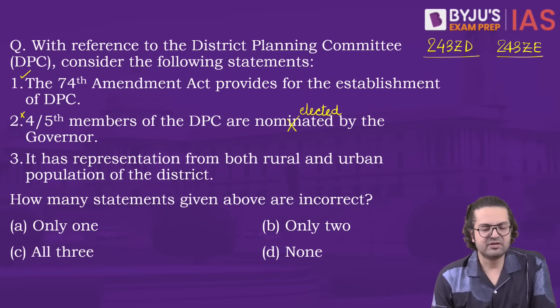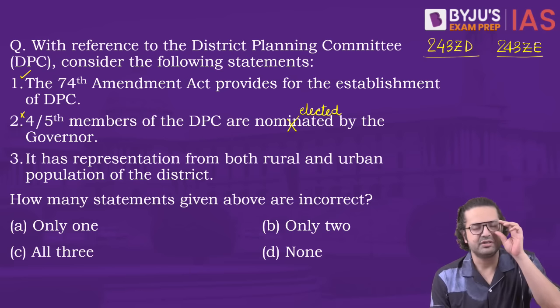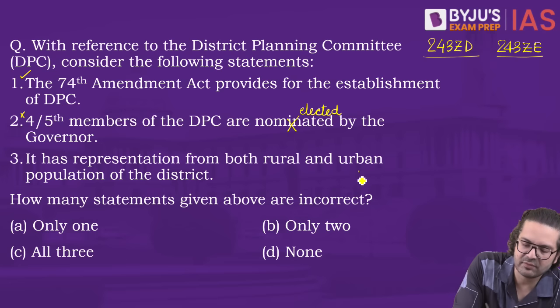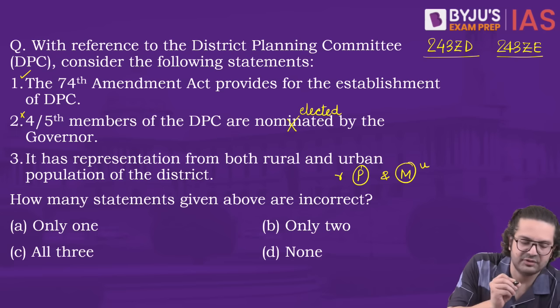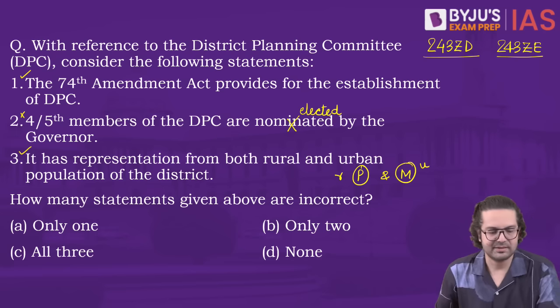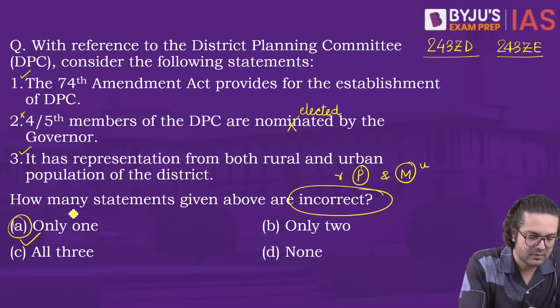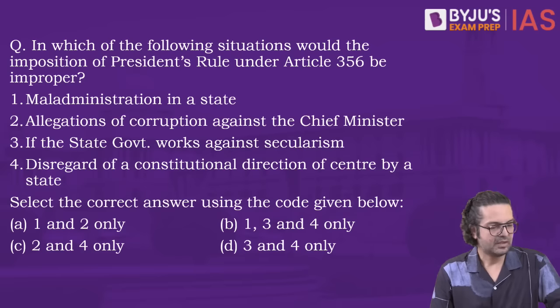It has representation from both rural and urban population. Yes, of course, because it has elected members from the panchayats at the district level as well as municipalities. So the rural representation, the urban representation. 3 is correct, 1 is correct. How many statements are incorrect? A. Only 1. Next question.